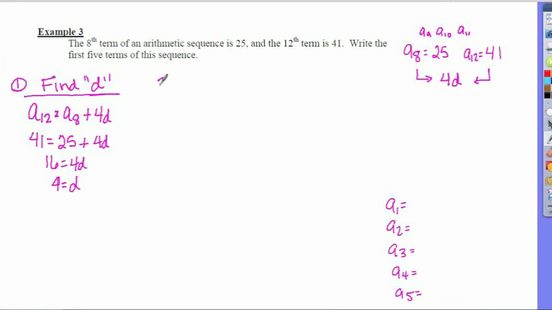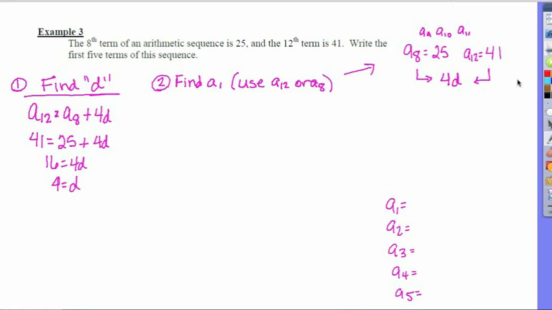So the second thing we need to do is find what A1 is. To do that, we can use either A12 or A8. We can use either one of these terms that we were given, and it doesn't matter which.